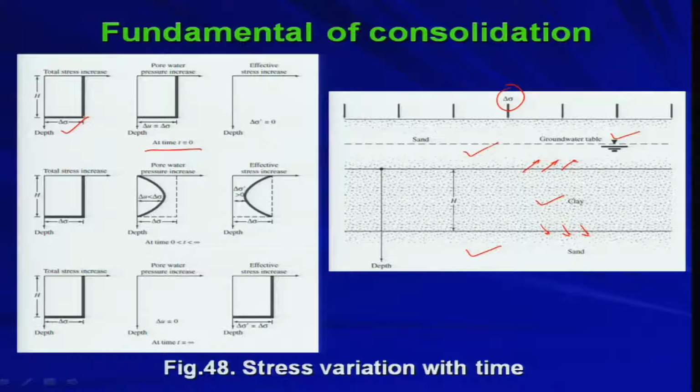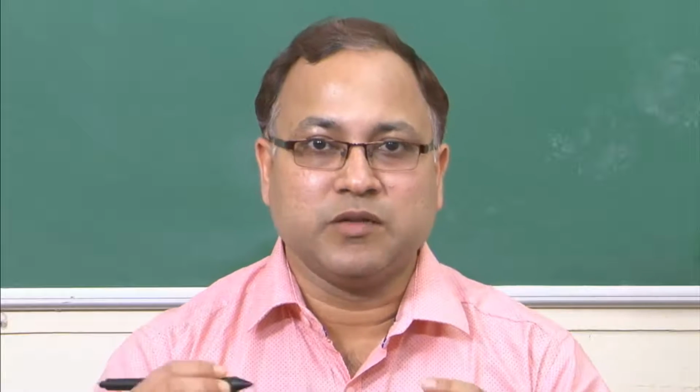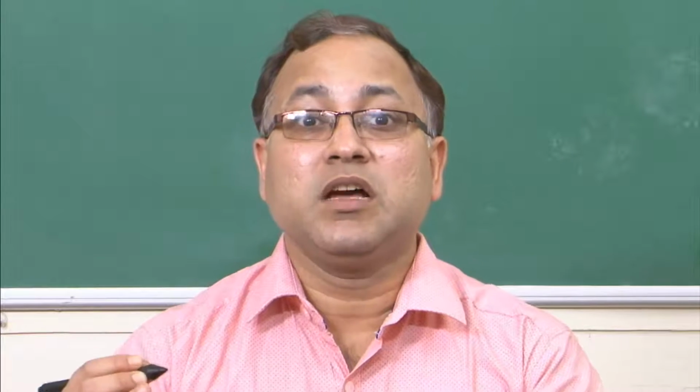Your total stress is delta sigma, and as we discussed in the last lecture, the moment you apply the load, the whole load is taken by the water, or the pore fluid, because drainage is not happening and water is incompressible. It will not transfer anything to the soil solid.